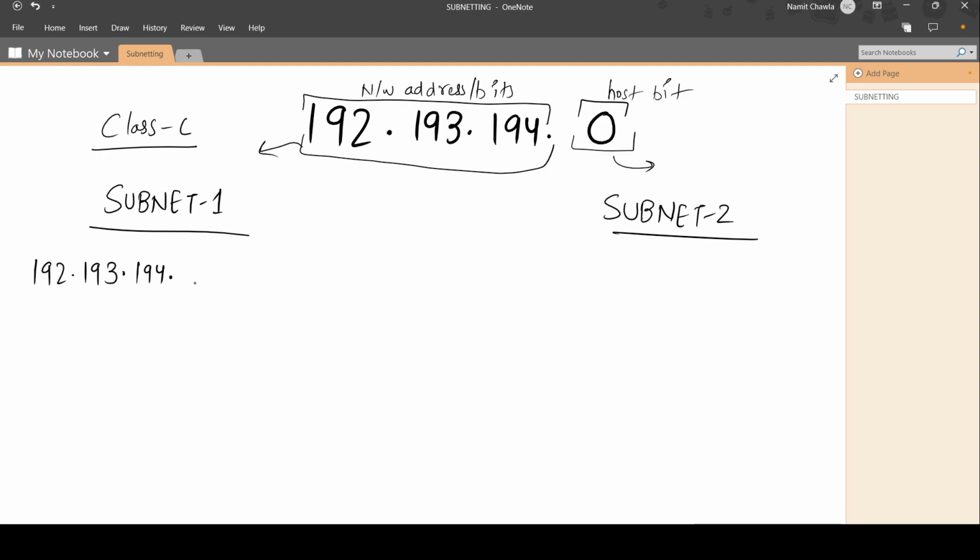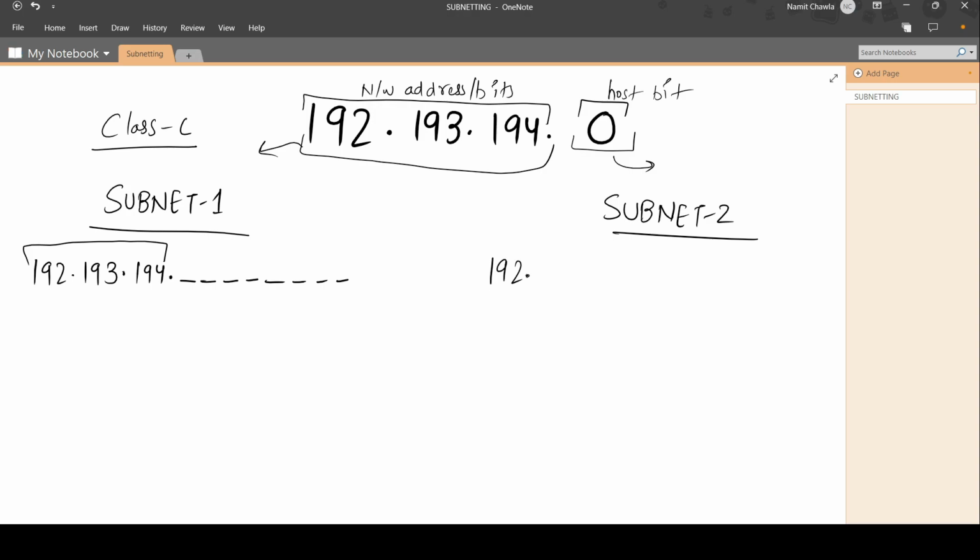For the last 0, I am going to split it into 8 bits as usual, because I am going to change it: 1 2 3 4, 1 2 3 4. I am not writing these 3 octets in 8 bit format because I am not supposed to change them. It won't be worth it.